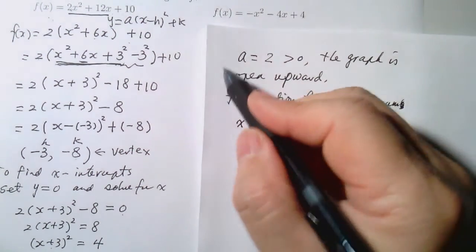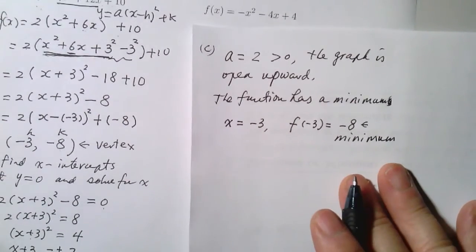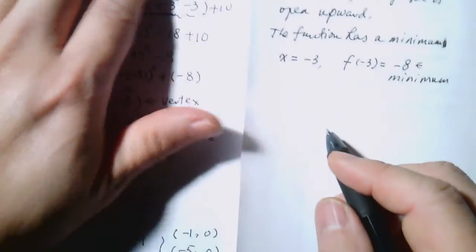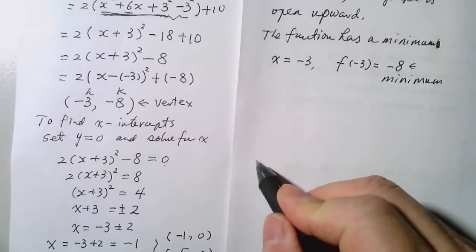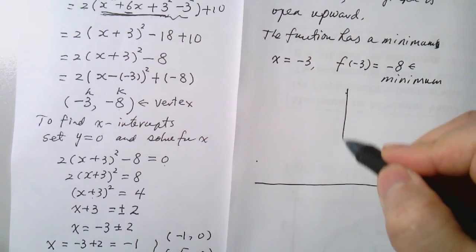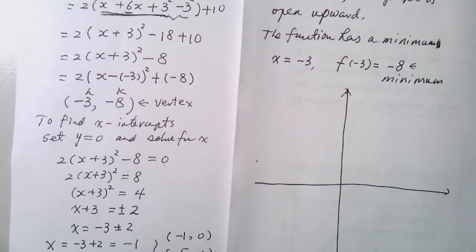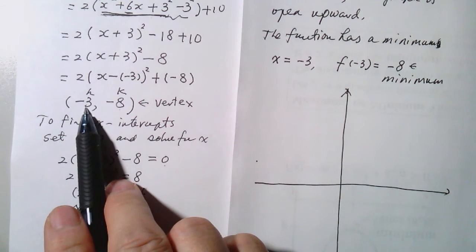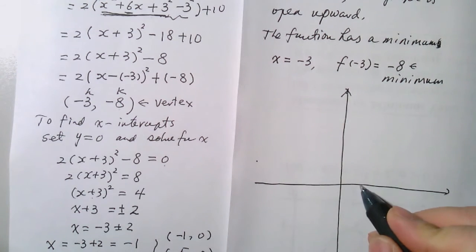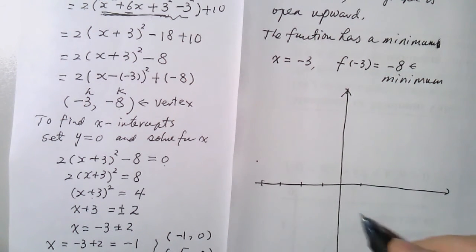Let's answer question C there. So now D, sketch the graph. To sketch the graph, we already have the information. So let's go ahead and just sketch the graph. First, when x equals negative 3, y equals negative 8, so you have the point (negative 3, negative 8).